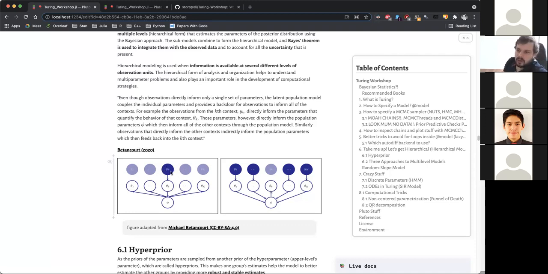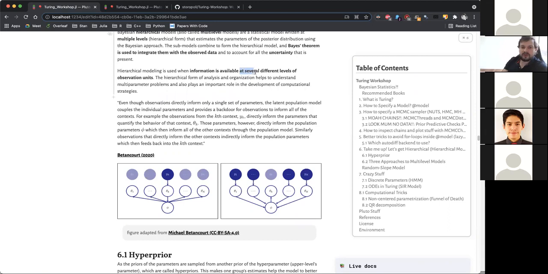It's that one observation from one group of parameters will inform our hyperparameter, and we can use that uncertainty and propagate it to the other inferences that we will use for our group level parameters. So we can have a better inference if our model is nested.